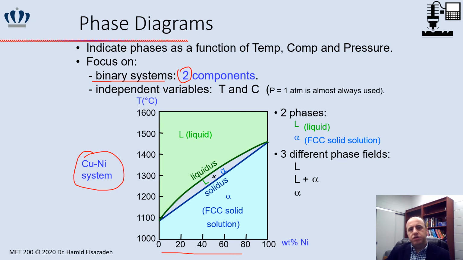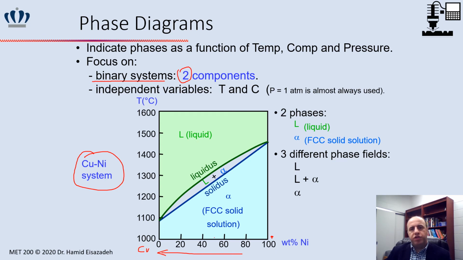As you see here, it says weight percent nickel 100. It means at this point we have 0 copper and 100% nickel. As you go this way, then we have 100% copper, Cu, and 0% nickel.